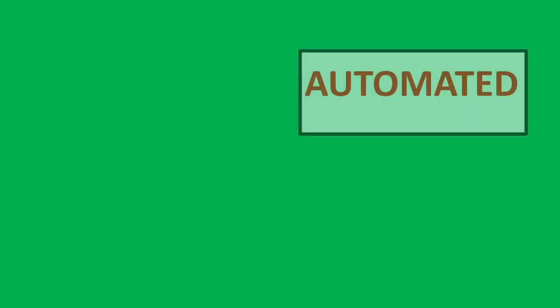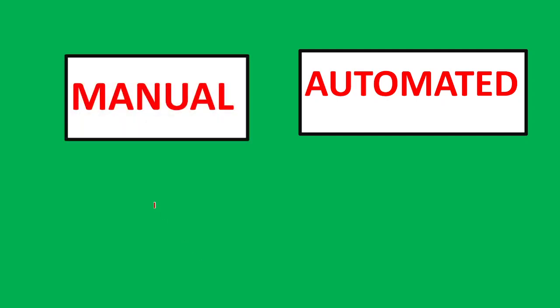Whether I am going to do it with the help of a machine, whether I am going to put the fluid into the abdomen with the help of the machine and take it out with the help of the machine, that is called automated peritoneal dialysis. If the patient is doing it manually, that is called manual PD. Manual PD or automated PD.